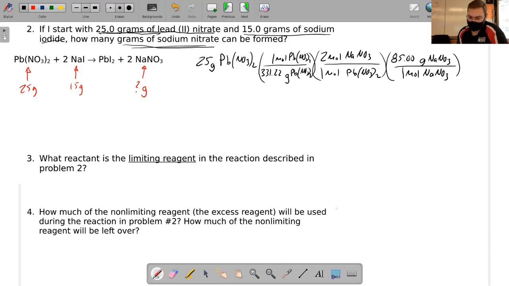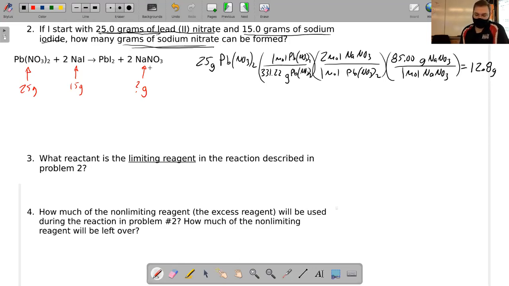And that gets you a mass. So 25 divided by 331.22 times 2 times 85, 12.8 grams. So this calculation predicts that if you have 25 grams of lead nitrate and if sodium iodide is in excess, you would make 12.8 grams of sodium nitrate.